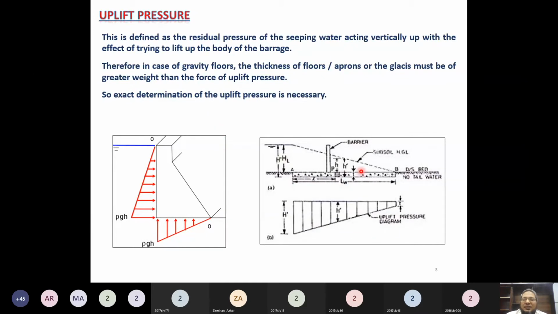So once it applies, what about the uplift pressure, at which point is it the highest? Where, at what location of the hydraulic structure is the uplift pressure highest?